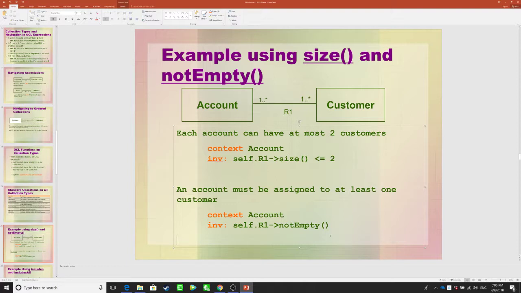So we are in the context of account. So self.r1 is not empty. Actually, self.r1 in this and sub.r1 in this, they are referring to the same set. And this set should not be empty, and this set should be of the size less or equal to 2.